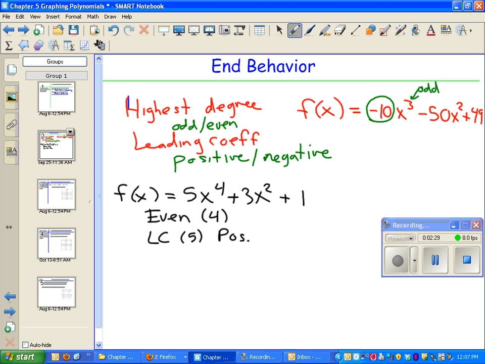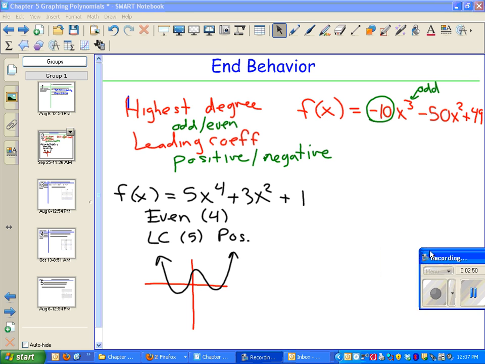All right, so it's going to be up like a cup, just like maybe something like that. Let me draw. So if I put it on a coordinate plane, again, I'm not sure where the zeros or the y-intercept is, but your end behavior is up like a cup, just like a parabola would. We just got done graphing a bunch of quadratics, so it's very similar.